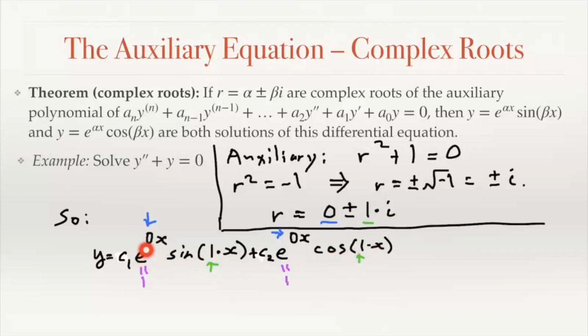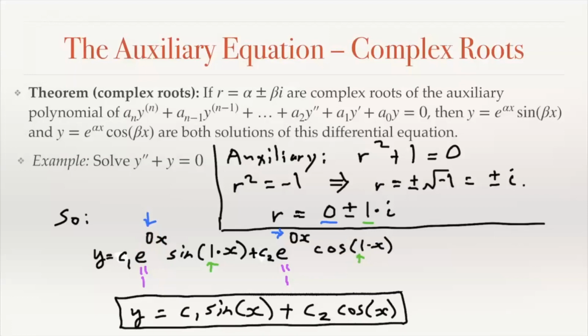But what is e to the power of 0? It is 1. So this is just y equals c1 sine x plus c2 cosine x. So if you wind up with a root that is strictly imaginary, it can still be written as a complex number in that way, and the same usual formula that we've derived applies. And that's a two-dimensional solution set for a second-order differential equation.